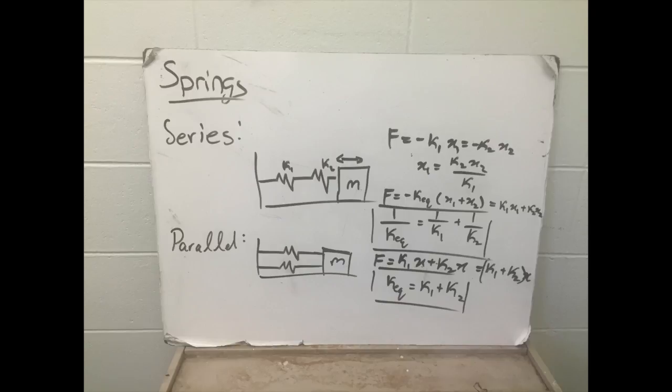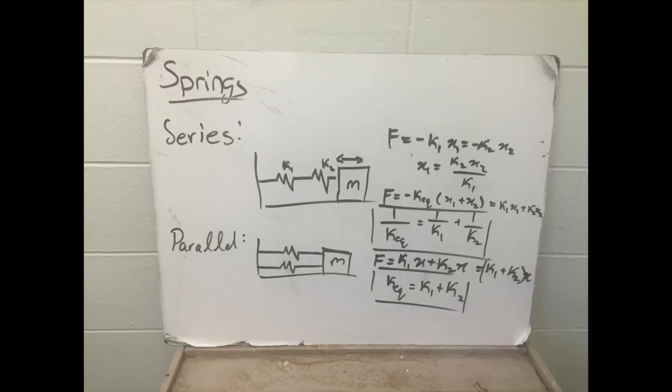And with that, you have to use the equation, the force equals negative k1, the spring constant of the first spring, times the distance of the first spring, equals the negative spring constant of the second times the distance of the second. So with that, both springs are equal. In this case, the force acting is equal.